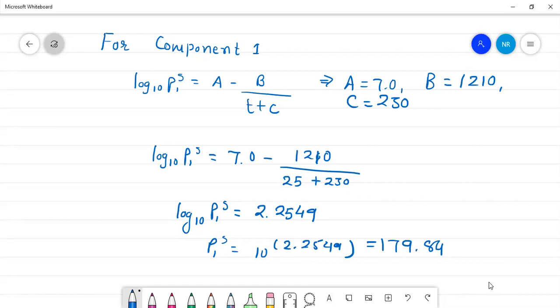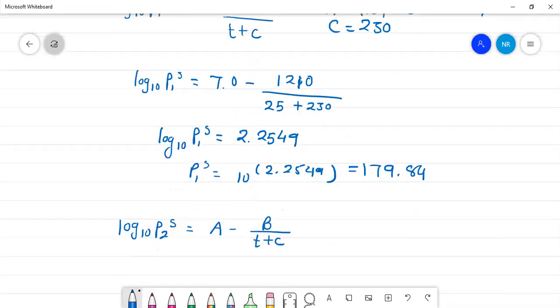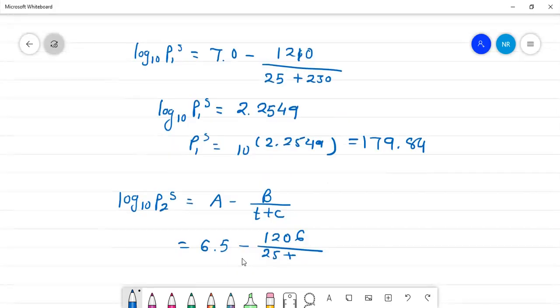Now let's do log10 P2 saturation, which is equal to A minus B divided by T plus C. A is equal to 6.5, B is equal to 1206, T is equal to 25, plus C is equal to 223.